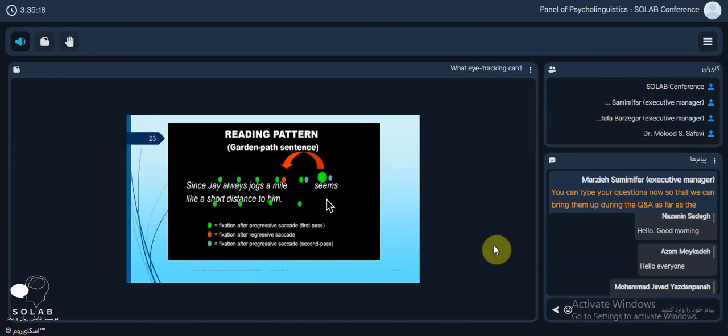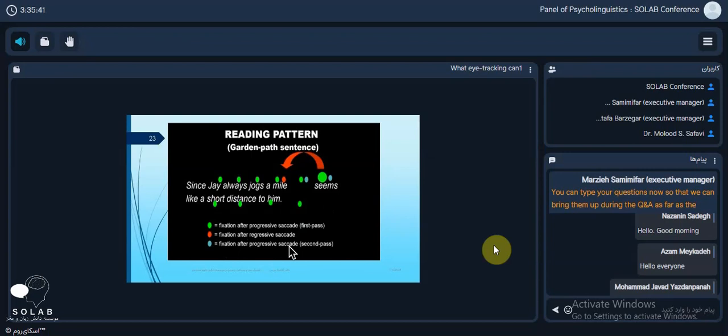That means longer time. The other color, red, is fixation after regression. What does it mean? It means the reader could not understand the sentence exactly. He or she regressed, processed again, and read again.